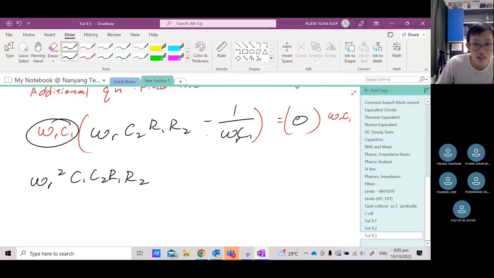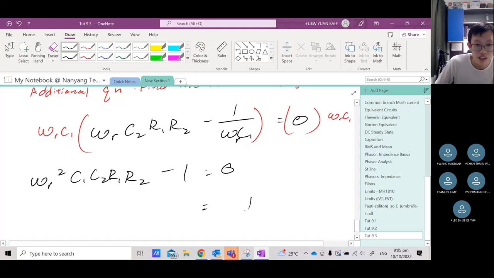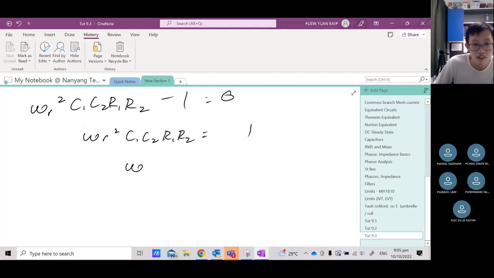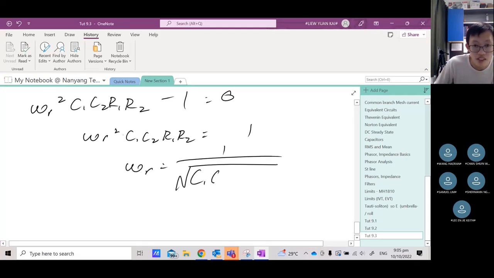Then this times this will cancel itself, so this becomes minus 1 equals 0. Move 1 to the other side, then you make omega R the subject. So omega R will become 1 over square root of C1 C2 R1 R2.